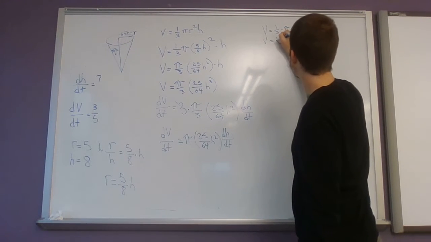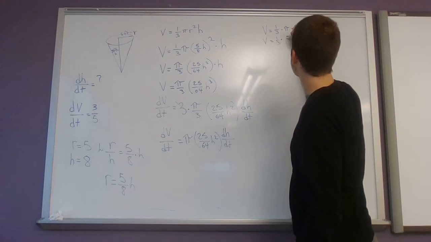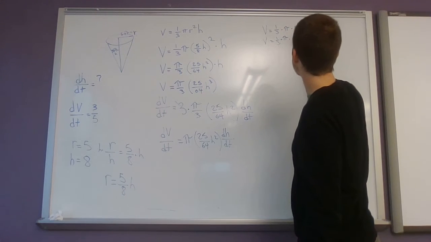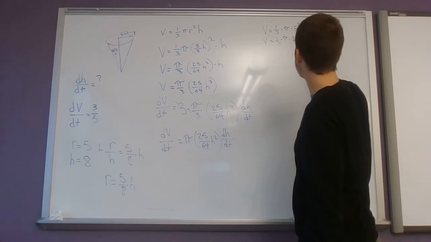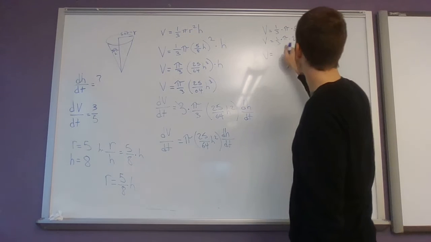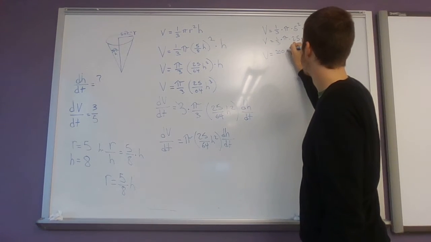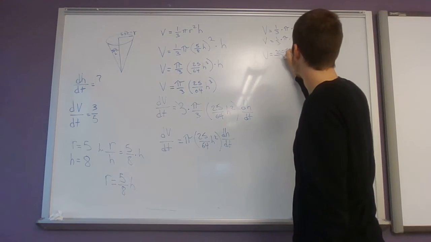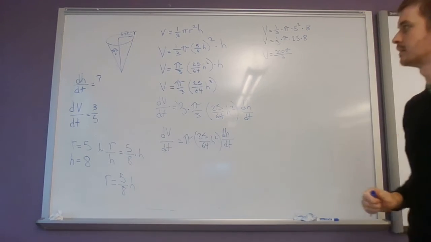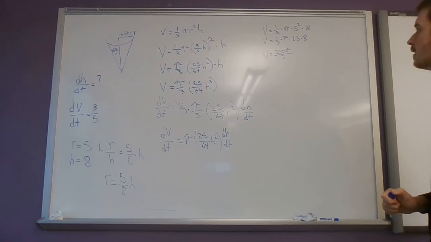We've got 1/3 times pi times 25 times 8, or we multiply across, 200 pi over 3.